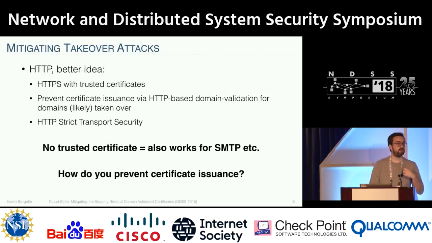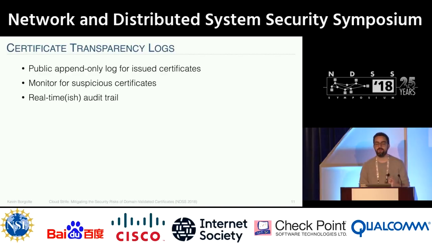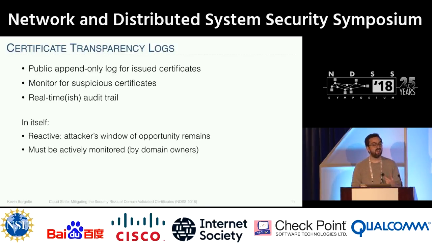This is where, fortunately, certificate transparency logs come into play. Generally, certificate transparency logs are public append-only logs where every certificate that has been issued is going to be published. And as a user, you're incentivized to check whether a suspicious certificate has shown up. In itself, however, certificate transparency logs are reactive.